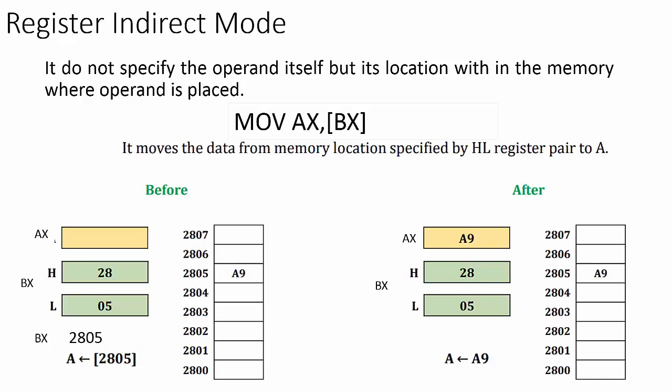You can see this effect on the right part of the figure: the accumulator register value has been updated to A9. I hope it is clear. If you have any query, you may ask anytime.